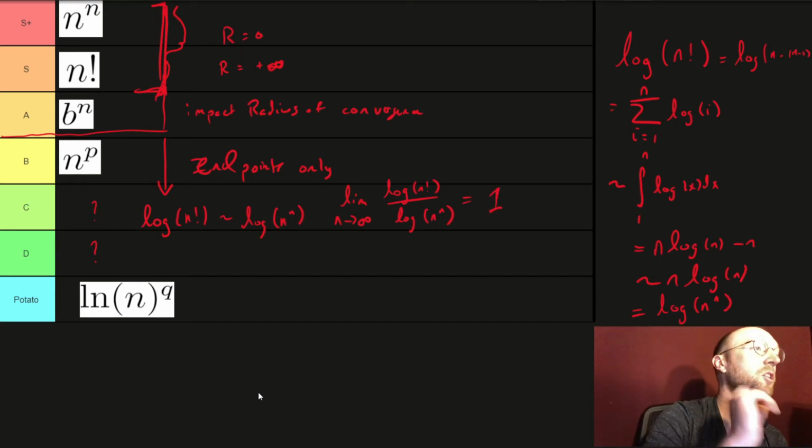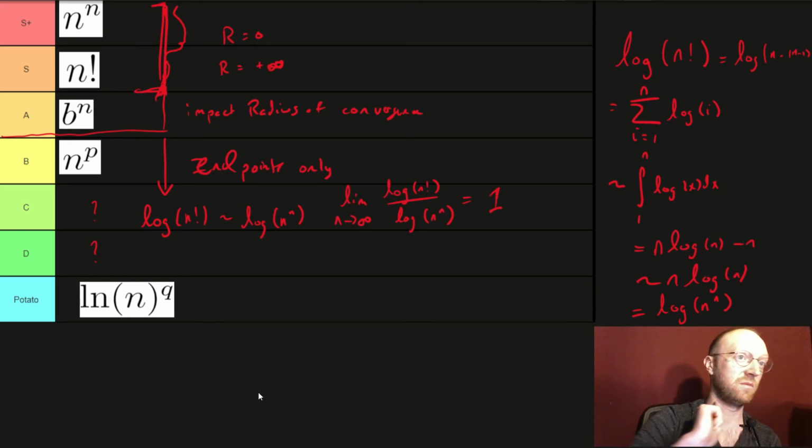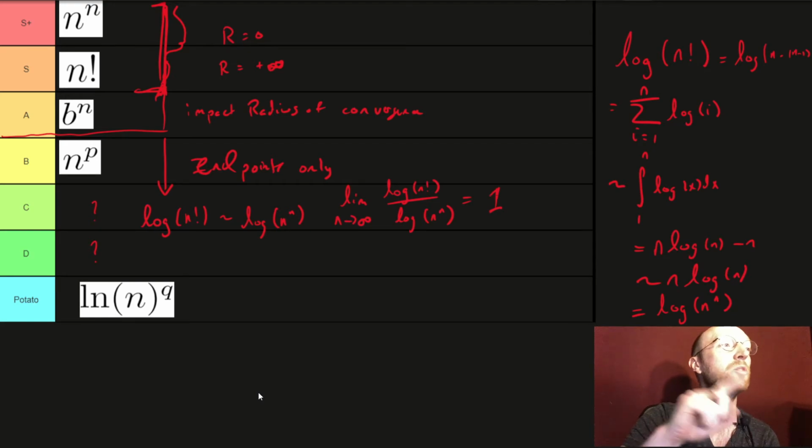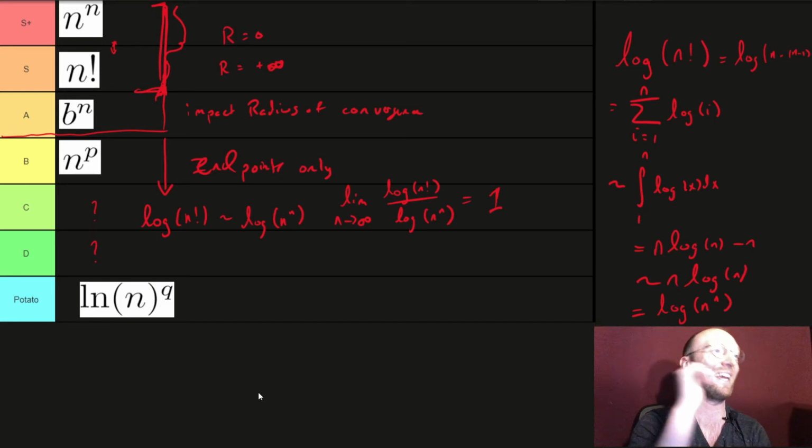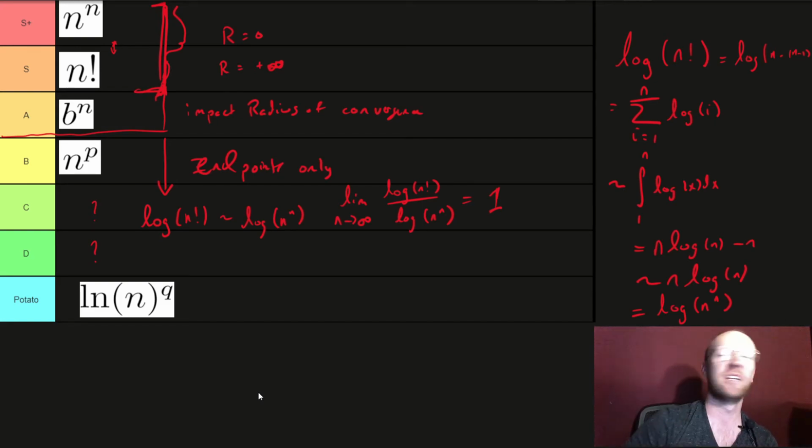So the logarithmic function is so terrible, it grows to infinity so slowly that it eliminates even the gap between S plus and S. Log goes so slowly that it cannot even tell the difference between these functions of higher tier.